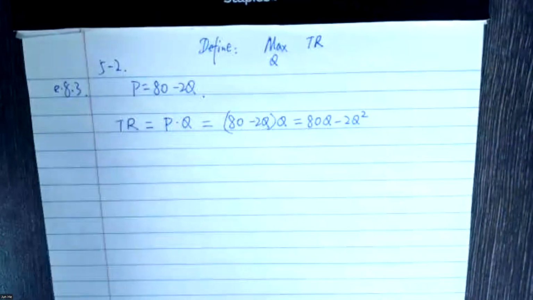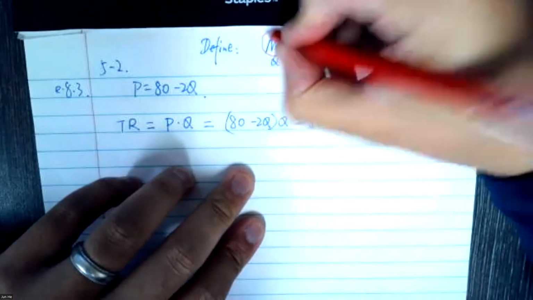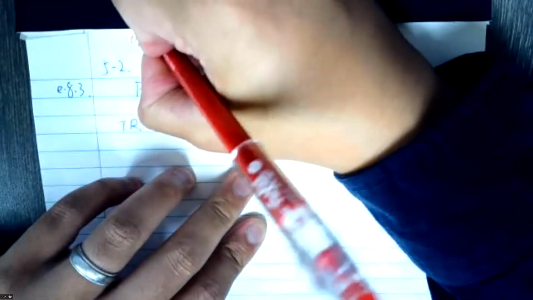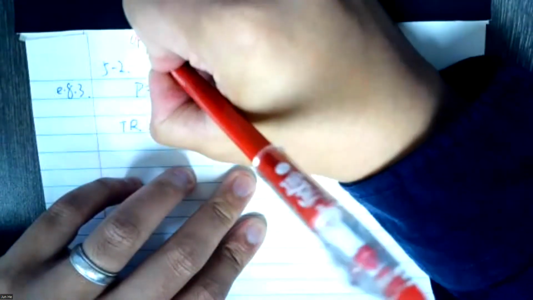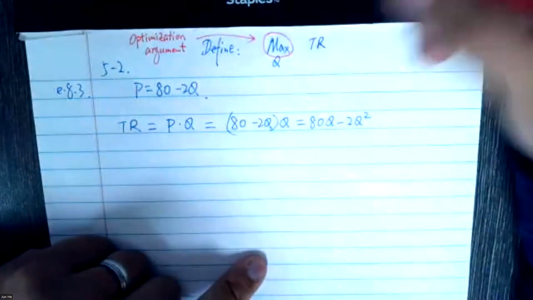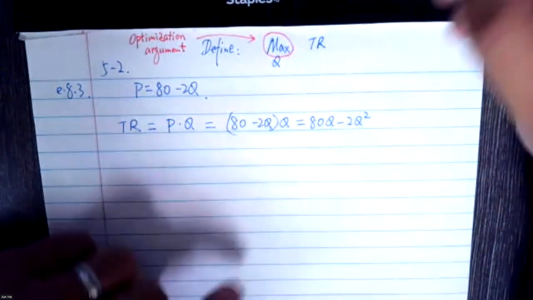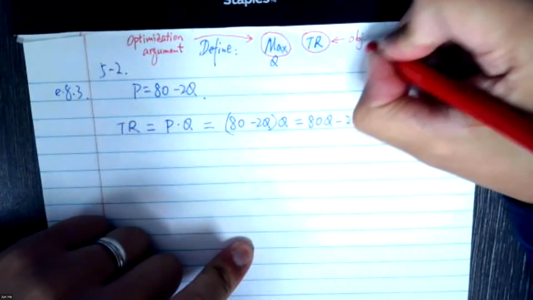In this case, this maximization sign is what we call the optimization argument, which tells the reader what you are actually doing. Are you maximizing or are you minimizing? And the function after that is what we call the objective function.